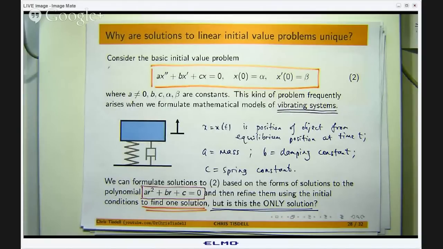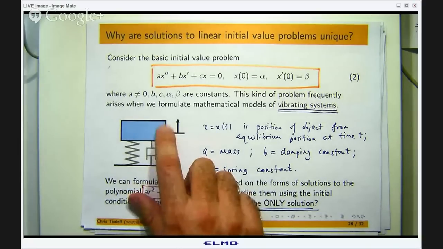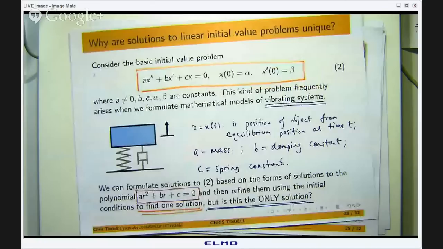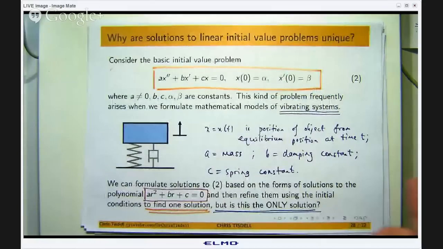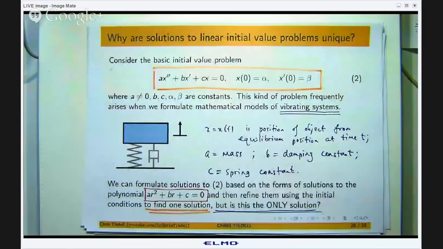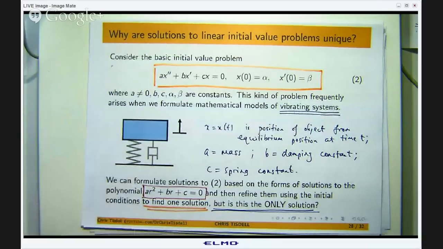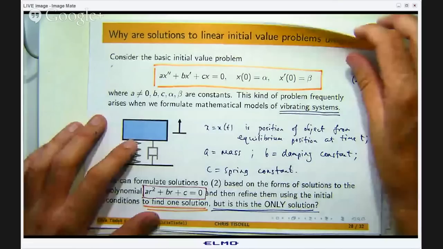Okay, if there was no solution at all, well, your equations wouldn't be a very good model because the spring mass damping system would still vibrate and move. Okay, if we repeated the experiment with exactly the same initial displacement, initial velocity, and the same A, B, and C, we would expect the solution or the behavior to be identical. Okay, so that's one reason why we would expect unique solutions. But here is a mathematical proof.